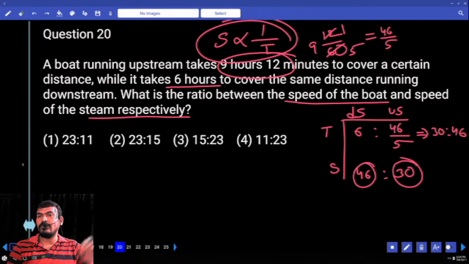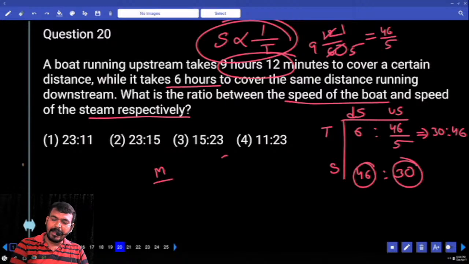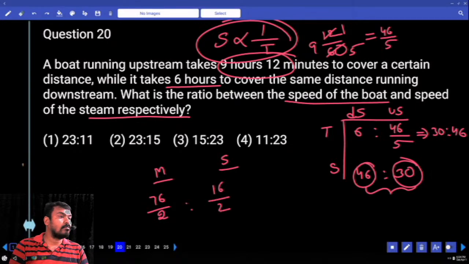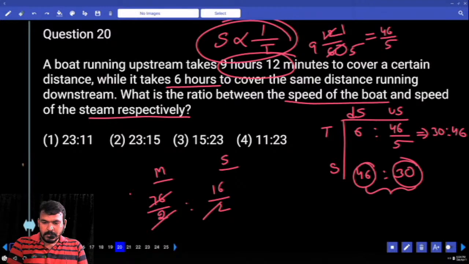We know the downstream speed and upstream speed, but we required ratio between M and S. M means both added by 2, S means both subtracted by 2. 46 plus 30 is 76 by 2, 38. 46 minus 30 is 16 by 2, 8. 38 is to 8, so 19:4.